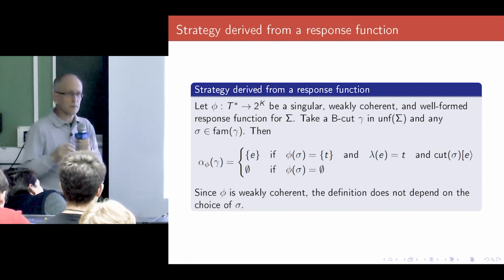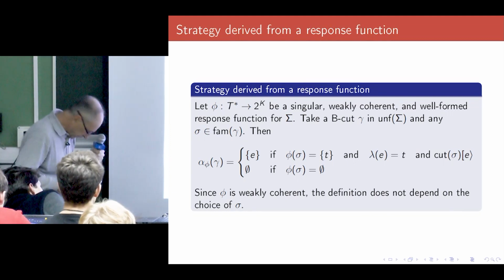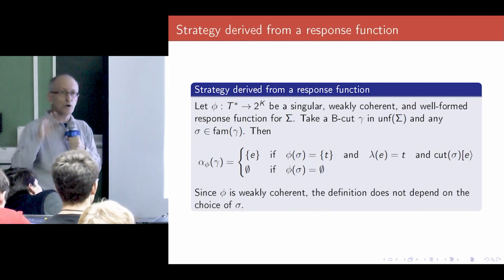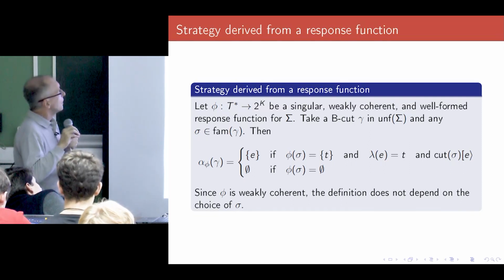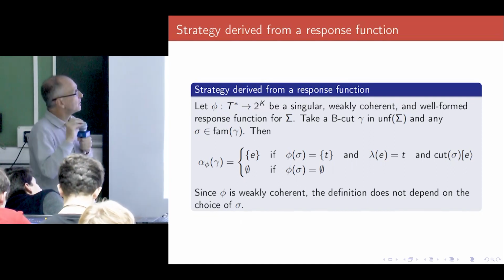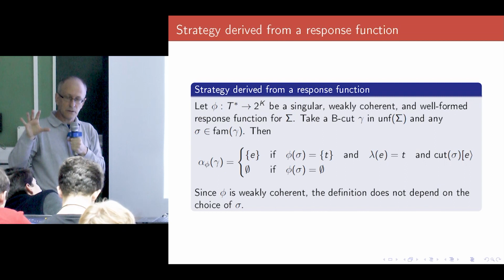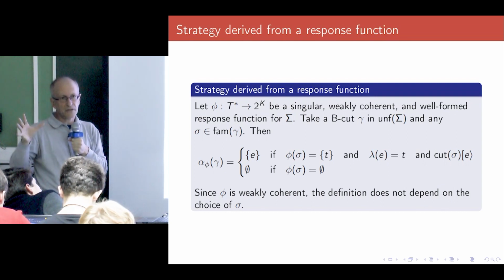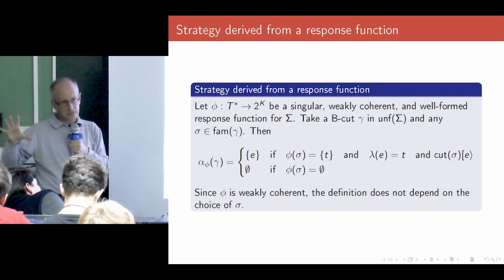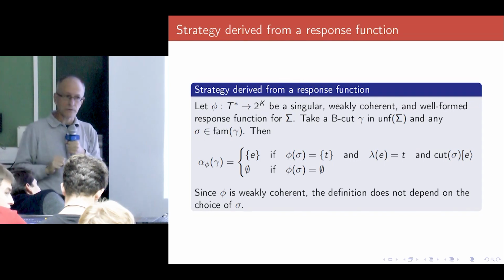Well, we can find a very close connection, and specifically and technically, we can, given a response function, define a strategy which is equivalent, which takes the same choices, but on the unfolding rather than on the system.